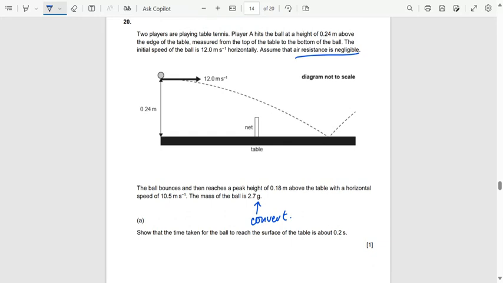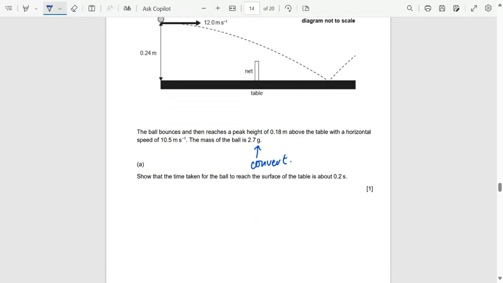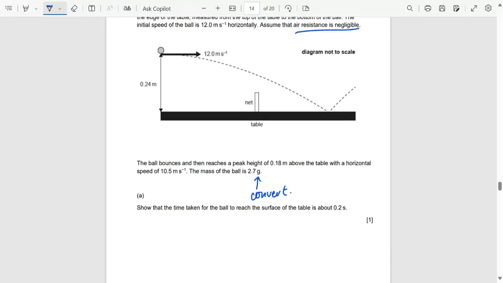Okay, so show that the time taken for the ball to reach the surface of the table is about 0.2 seconds. So we are looking for the time taken for the ball to fall that distance. Now, the only reason the ball is falling is because of the acceleration due to gravity.